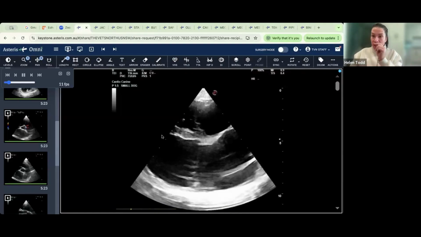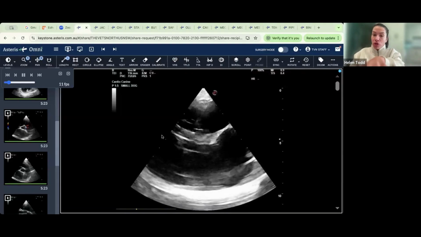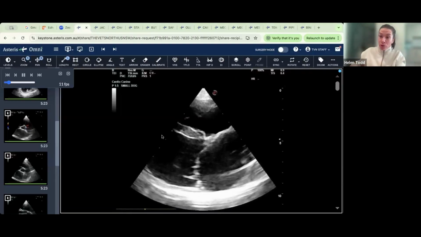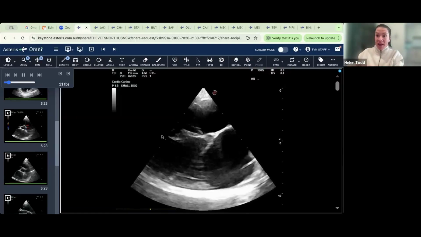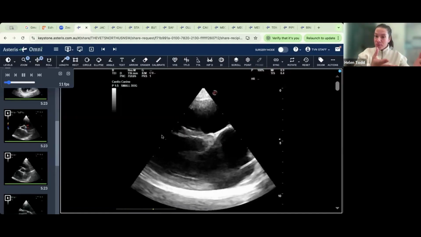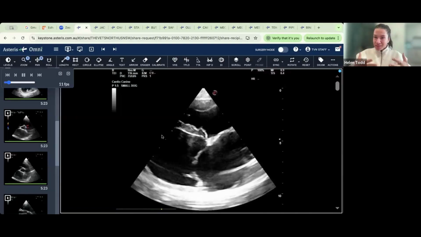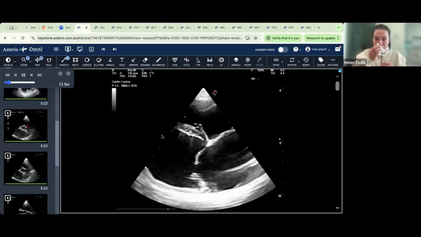And that's important because even if you're using an abdo probe, you want to get these views because these are the standardized views so that when you Google, why on earth is my right atria so massive, the views that pop up on Google are the same as the views that you're collecting. Does that make sense? Great. Yeah.